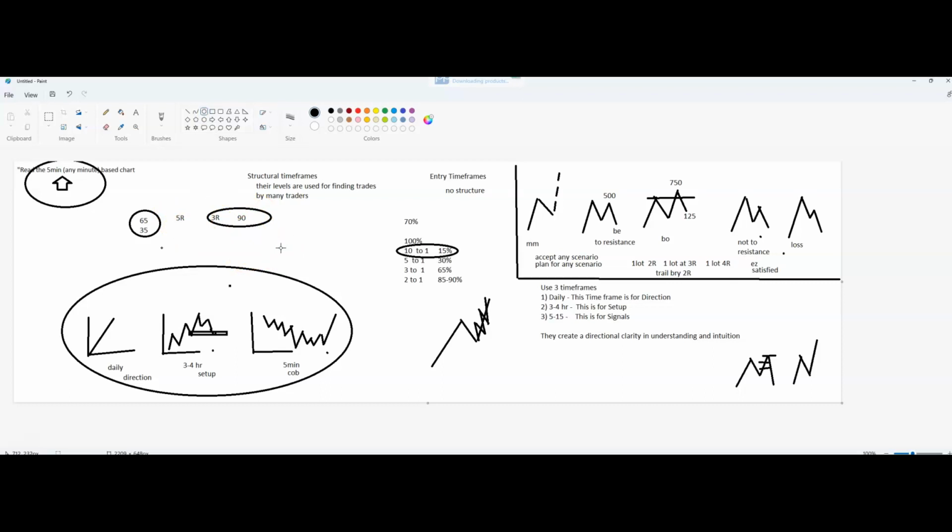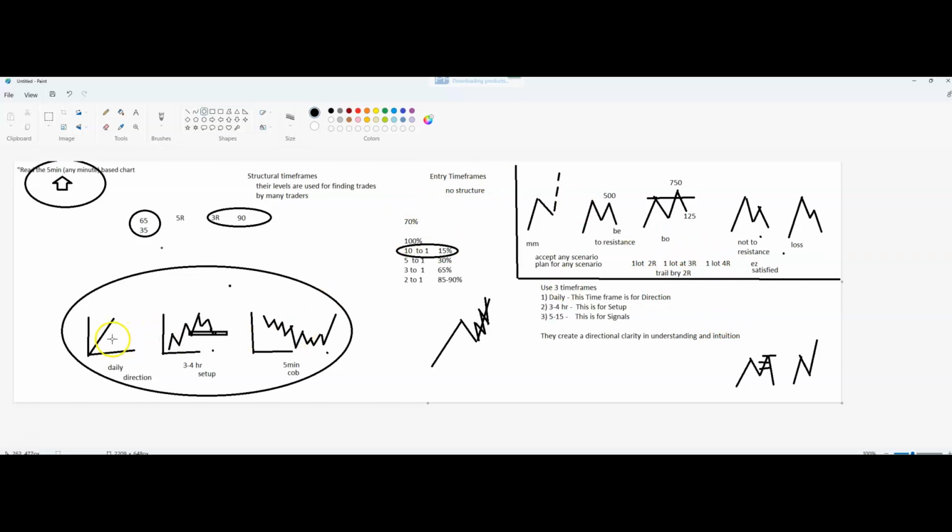Anyway, I'm not going to get into all that, but the point here is to think in probabilities, plan for those probabilities with different scenarios, and to add that to the execution. So that's the second part of what I was explaining.